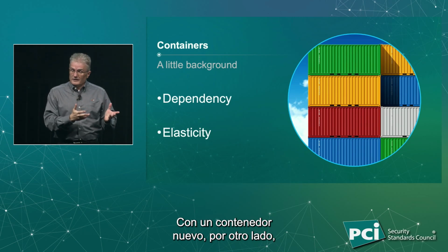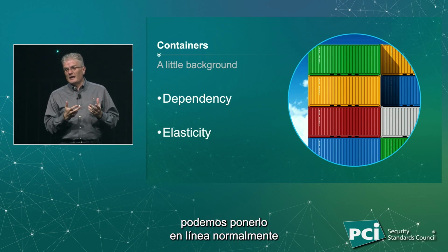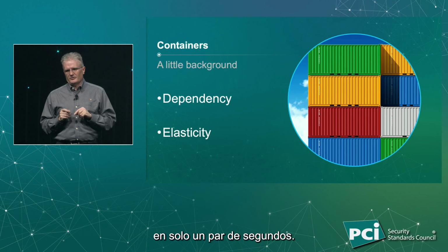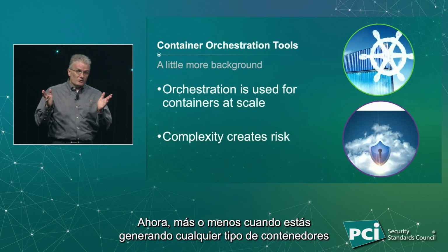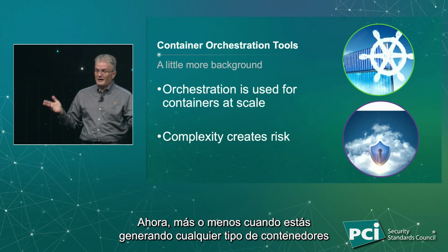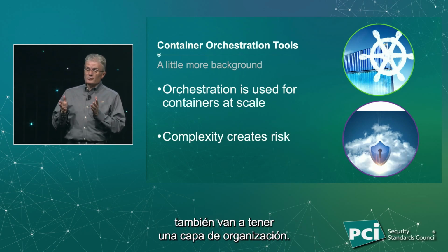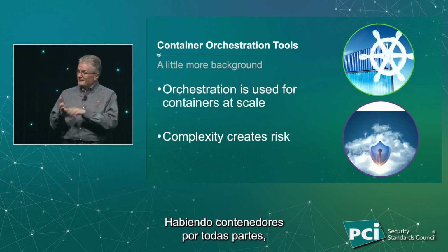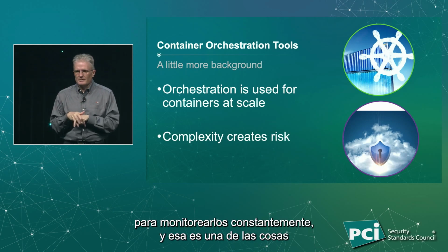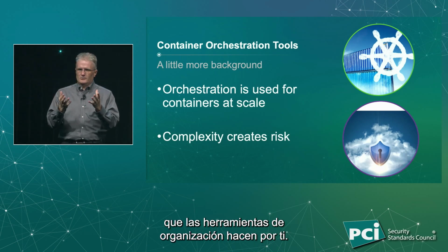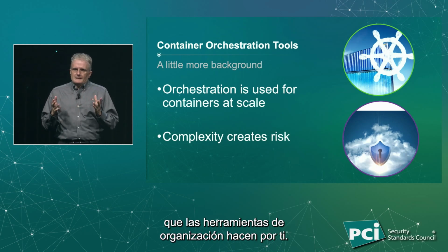With a new container, on the other hand, we can bring that online usually in just a couple of seconds. Tremendous elasticity. Now, pretty much when you're doing any kind of containers at any kind of scale, you're also going to have an orchestration layer. With containers all over the place, you're going to be spending so much time constantly monitoring them, and that's one of the things that the orchestration tools do for you.